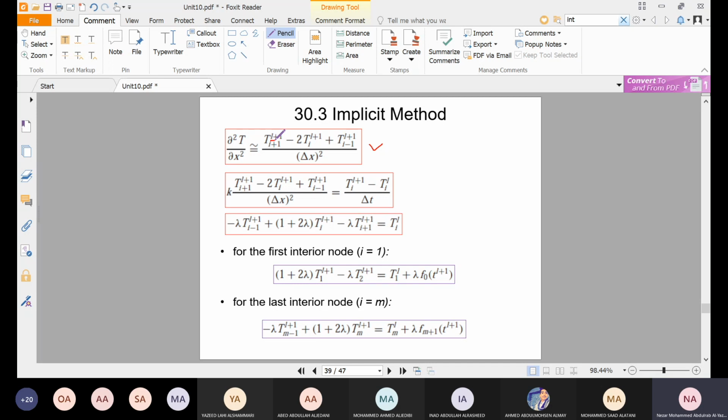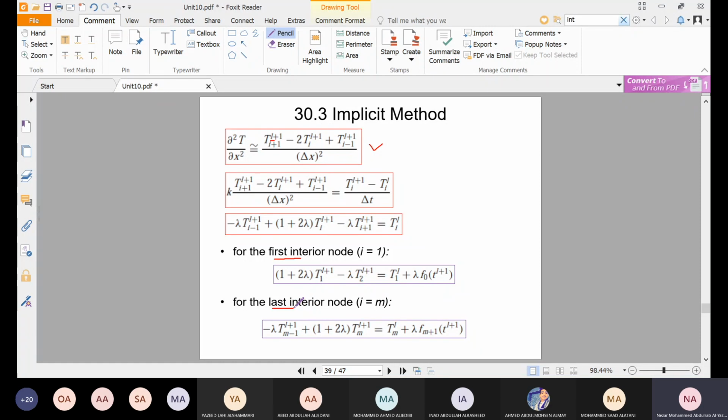Okay, at future time, and in both we apply central divided difference. So by using central divided difference to represent the second derivative, and the first order derivative, usually here we represent the first order derivative by using backward, not forward, divided difference. So again, we start with the first node and the last node.